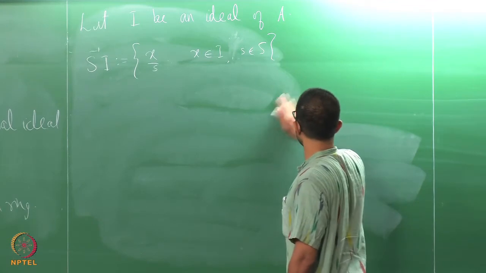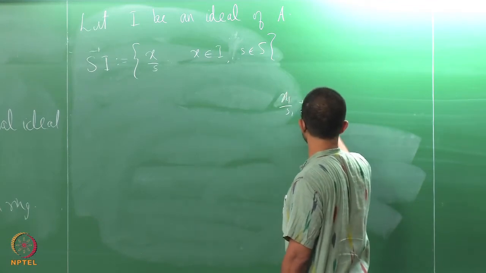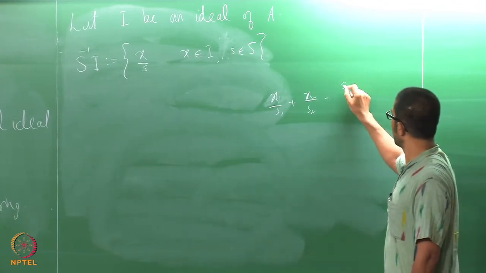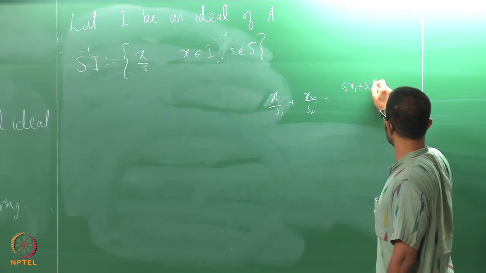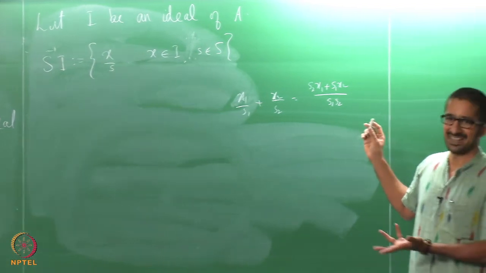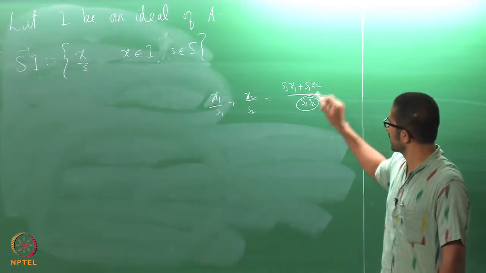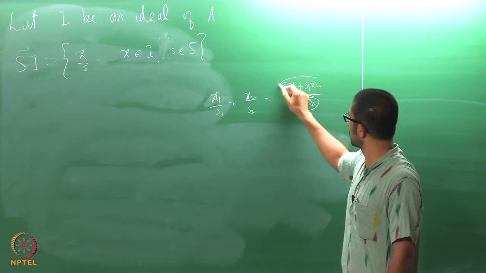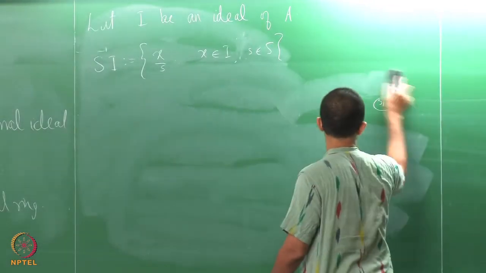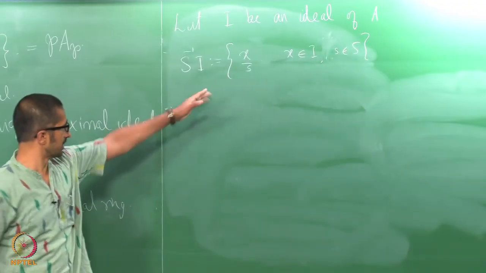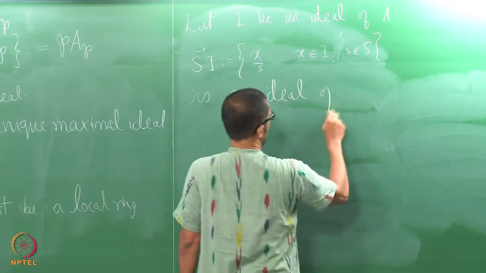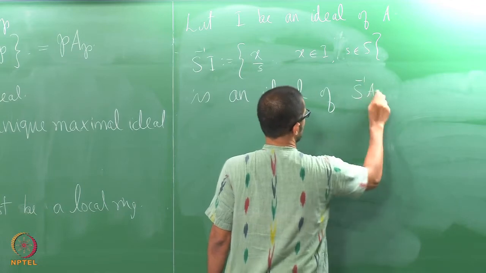What if I take x1 by s1 plus x2 by s2? What is this by definition? It is (s2 x1 plus s1 x2) by s1 s2. This is in the set, and when we are talking about ideals, this is also there. So it makes sense. For the same reason, you can prove that this is an ideal of S inverse A.